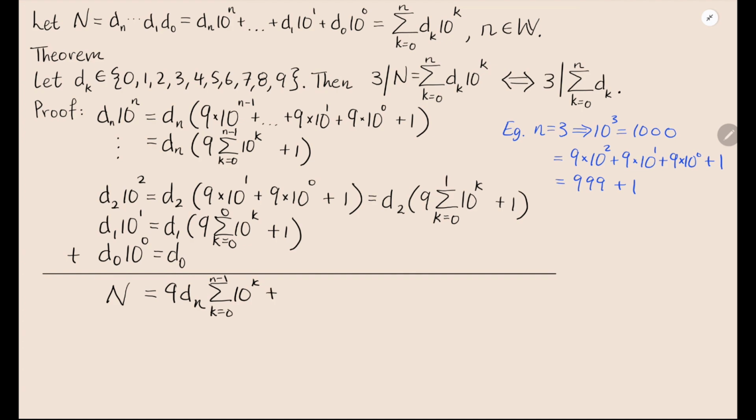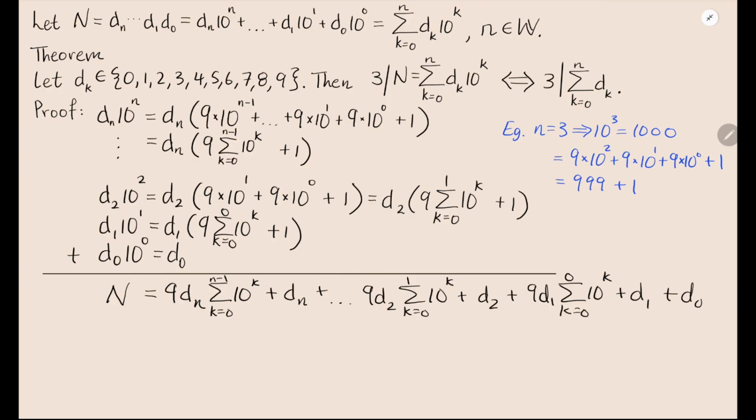plus dn, and then plus dot dot dot 9d2 sum k equals 0 to 1, 10 to the power of k, plus d2 plus 9d1 sum k equals 0 to 0, 10 to the power of k, plus d1, and then finally plus d0.